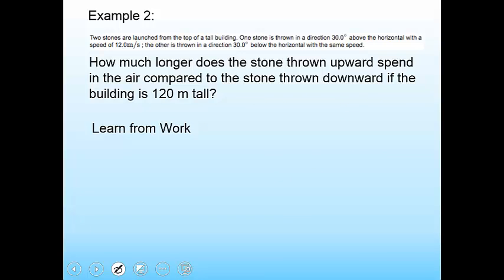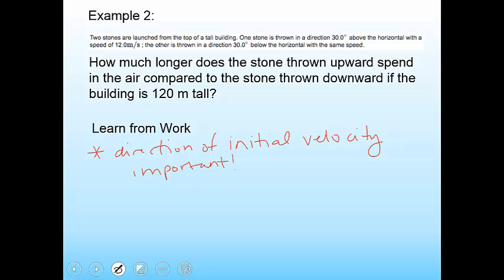And the last thing is to learn from our work. Important things to take home from this one are that the direction of the initial velocity is important, and we can break v naught into x and y components.